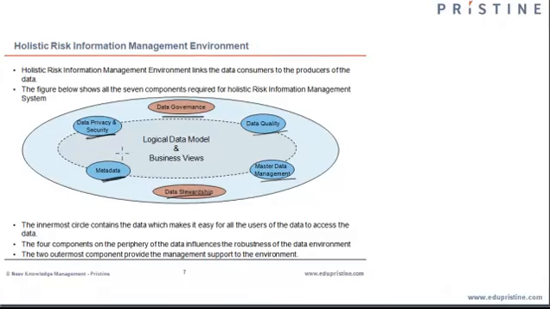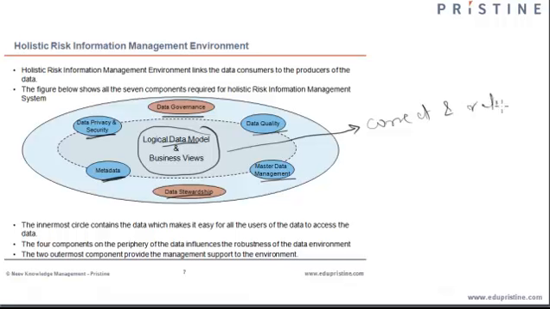To begin with, there should be a good and logical data model and business views which will help ensure that all users of data have proper access to the data they need. This good data model and business views will ensure that correct and reliable data is available to all the users.